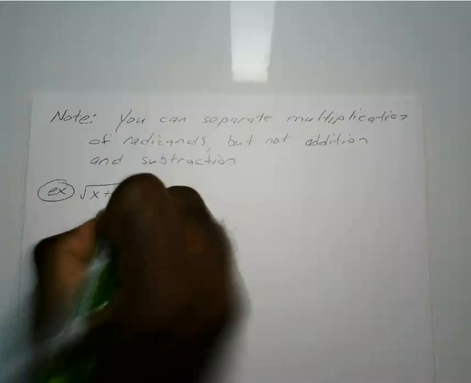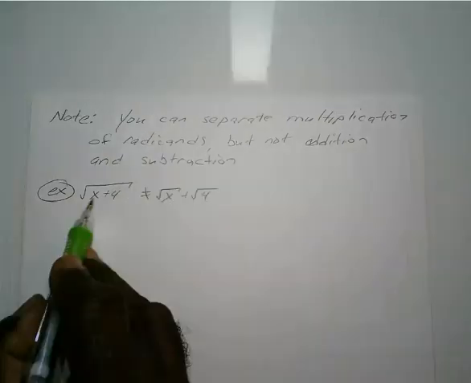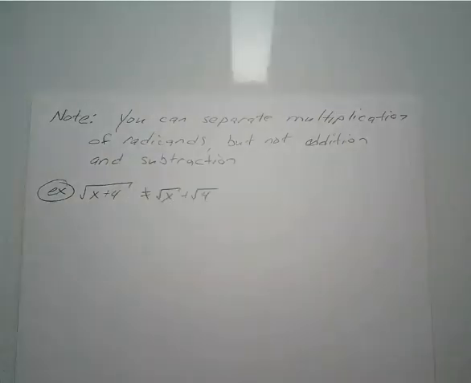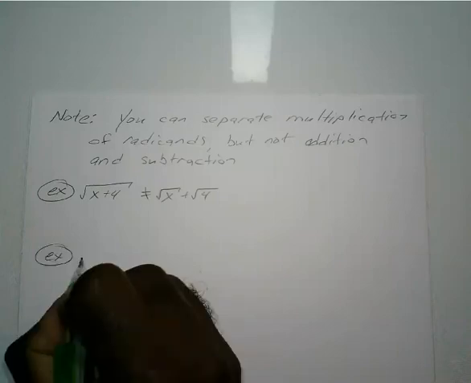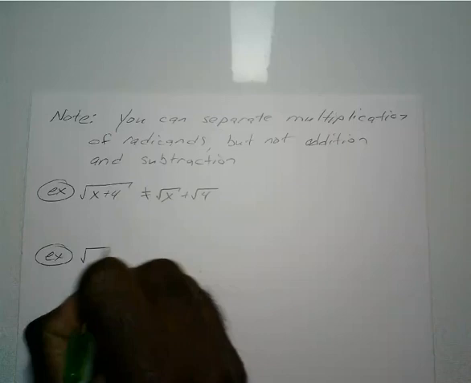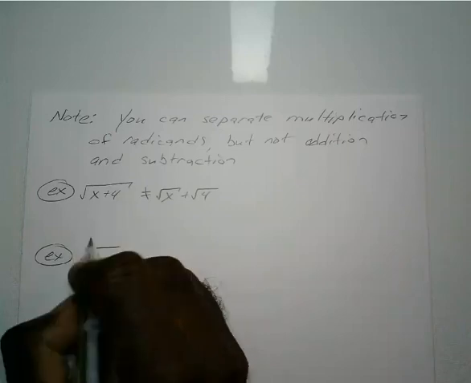To give you a numerical proof, let's say you have the square root of 9 plus 4. We know 9 plus 4 is 13, so that would be the square root of 13. That's true.